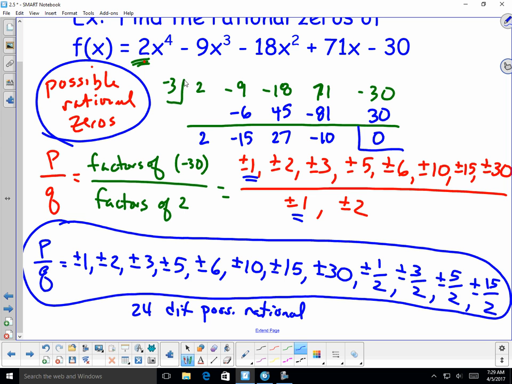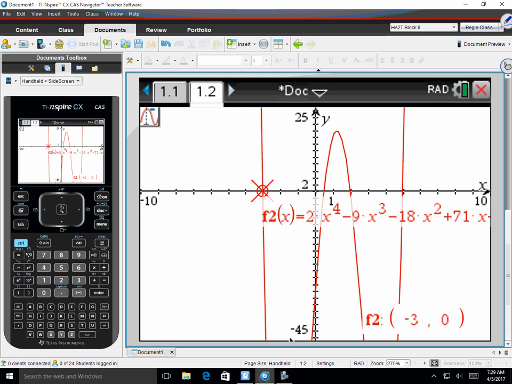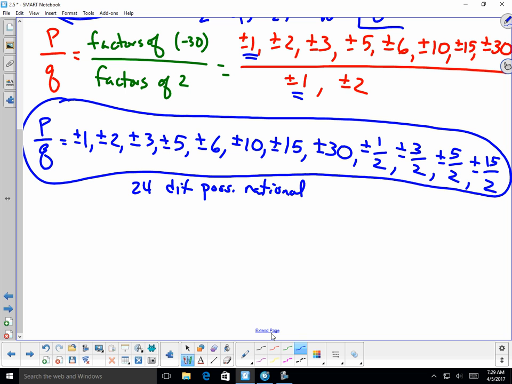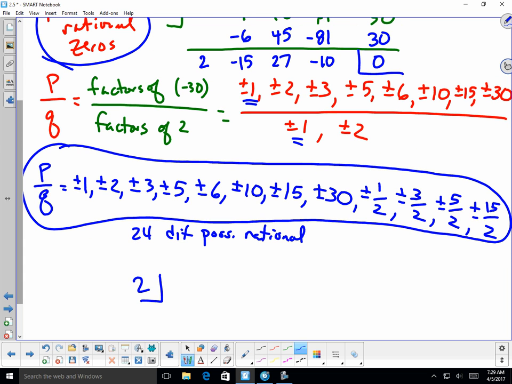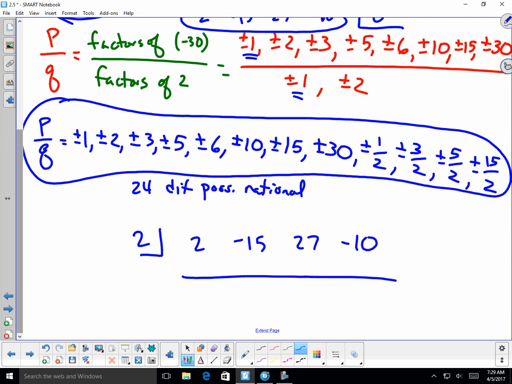And now if I want to find other zeros, I might try another number that it crosses at, maybe 2. It looks like maybe it crosses at 2. So I could try that. Put 2 in the box and use these numbers now. And I have 2, negative 15, 27, negative 10. And if I try this, hopefully this is going to work.